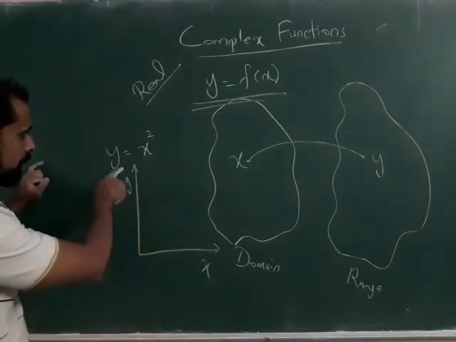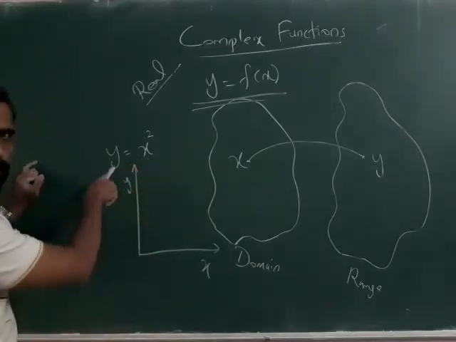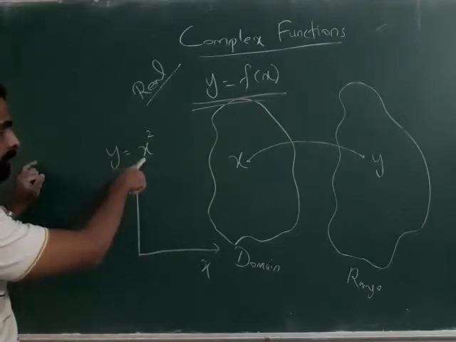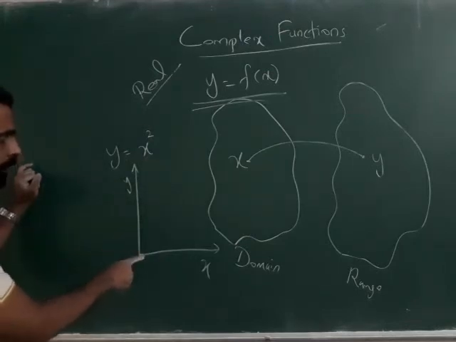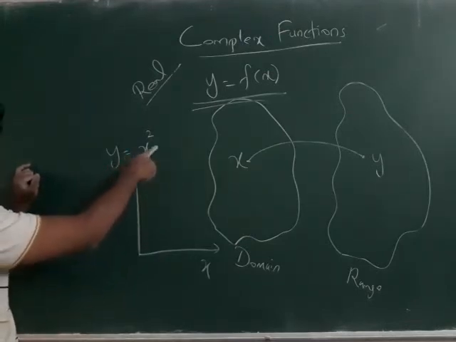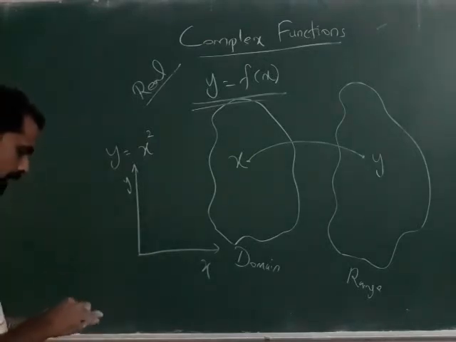When x equal to 0, y equal to 0. x equal to 1, y is equal to 1. x equal to 2, then y is equal to 4. Like that. So whether x is negative or positive, you will get the same.